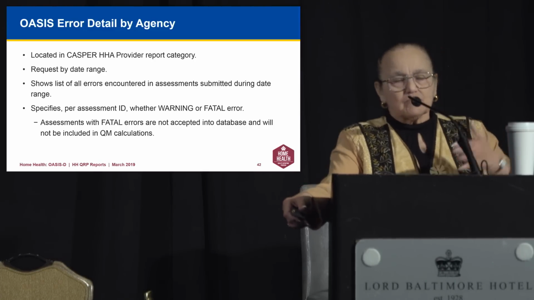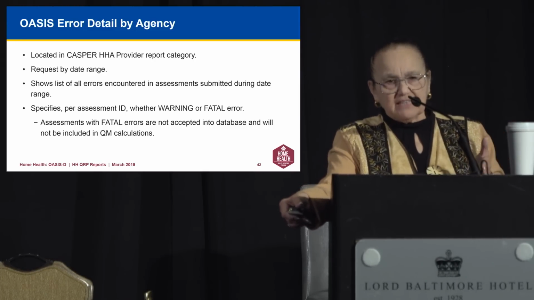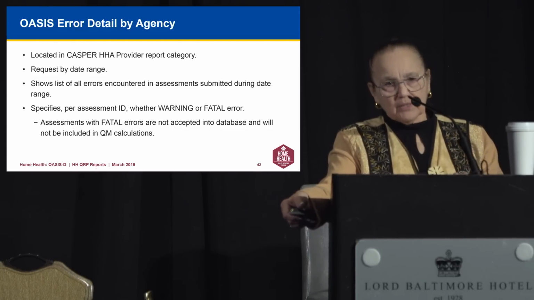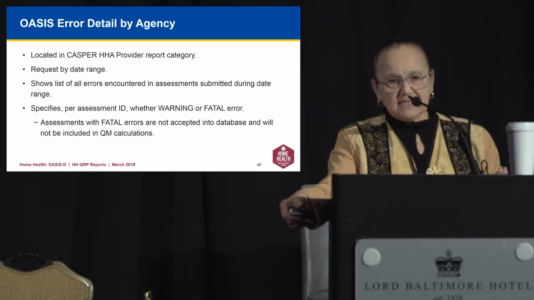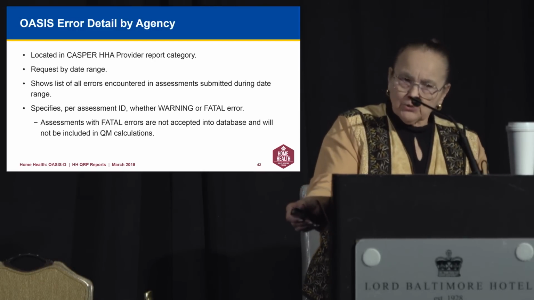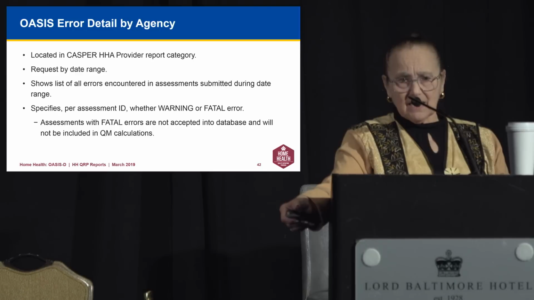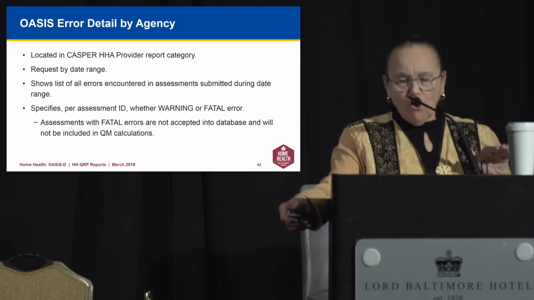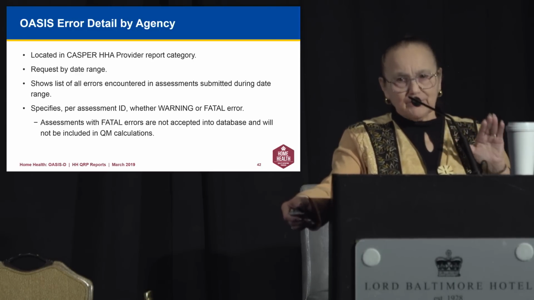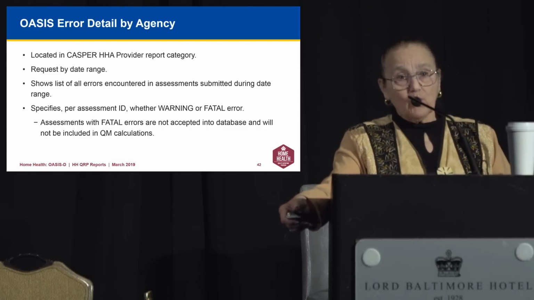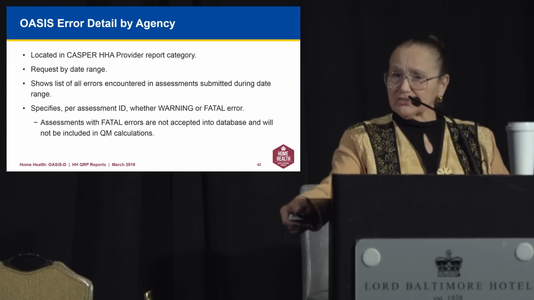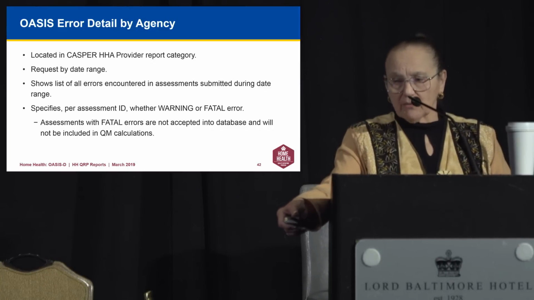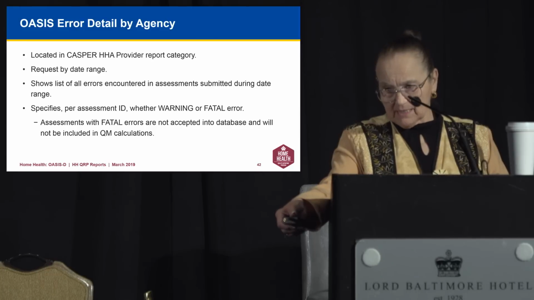So that next week on the 15th, if you were to go in and run this report for all the Oasis that you submitted from 2/1 to 2/28 of 2019, you would now know what Oasis you submitted had errors in them. And you would know what your percentage of error was, and you would know if you have an issue with a particular error showing up on a regular basis.